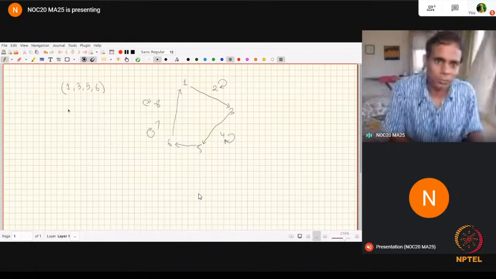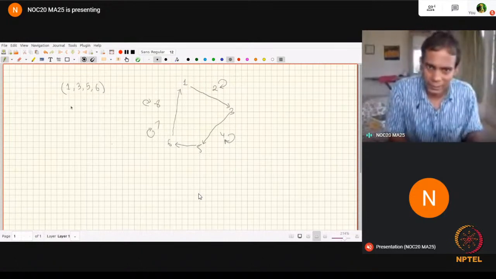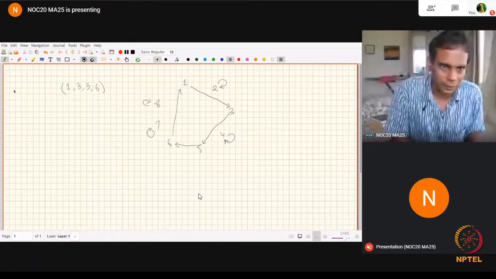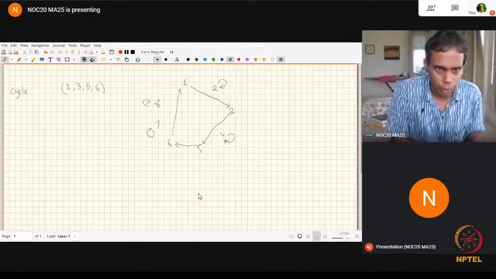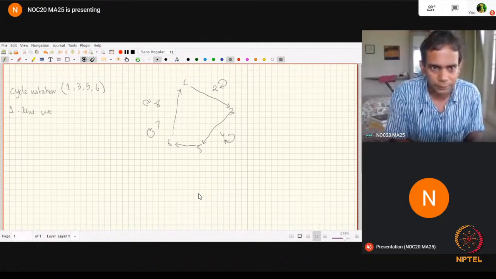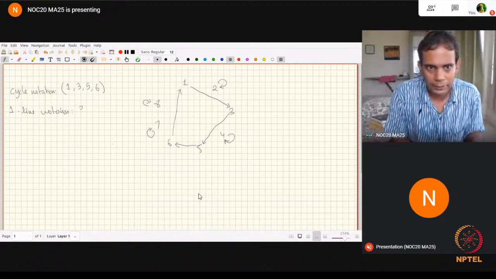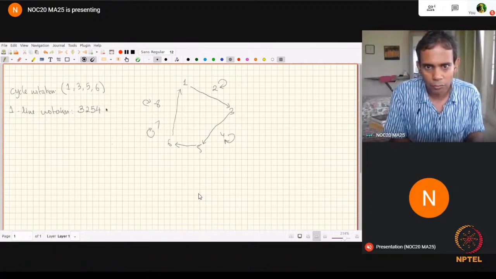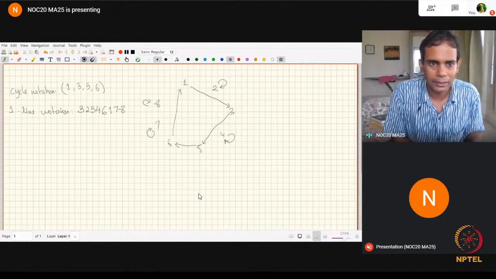Just to review, some of you had some confusion between cycle notation and one-line notation. This is the cycle notation. Usually you leave out the one cycles. The one-line notation here would be 1 goes to 3, 2 goes to 2, 3 goes to 5, 4 goes to 4, 5 goes to 6, 6 goes to 1, 7 goes to 7, and 8 goes to 8.